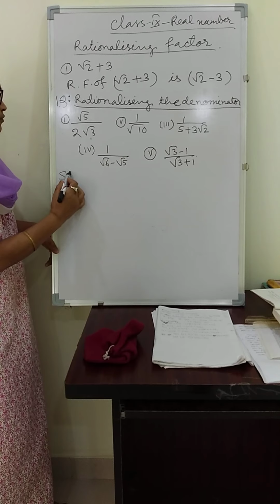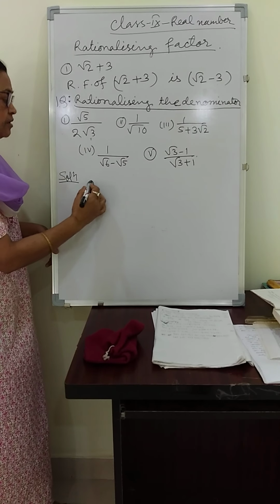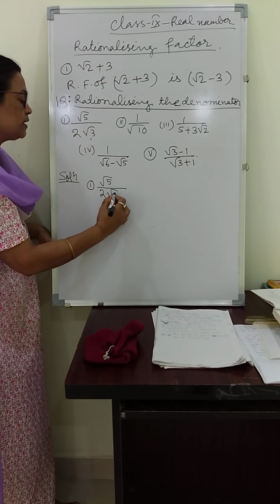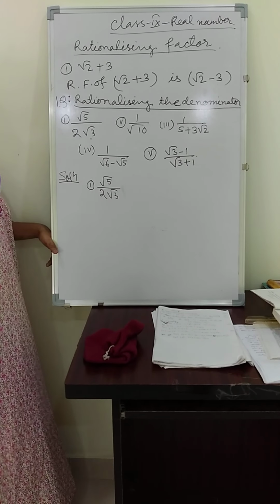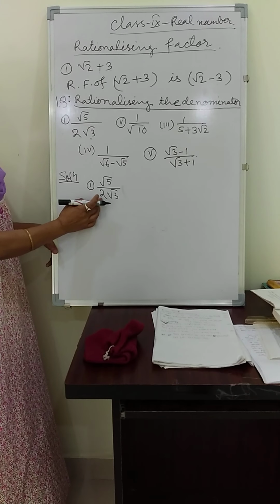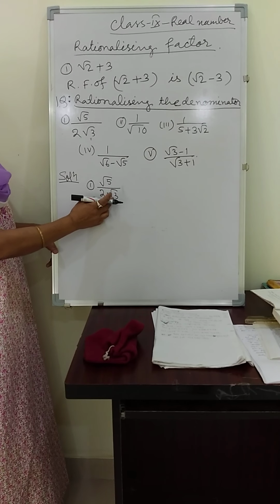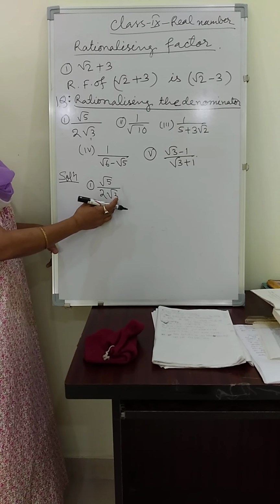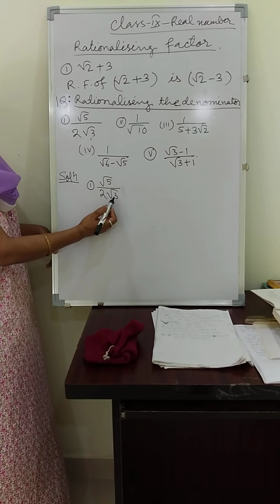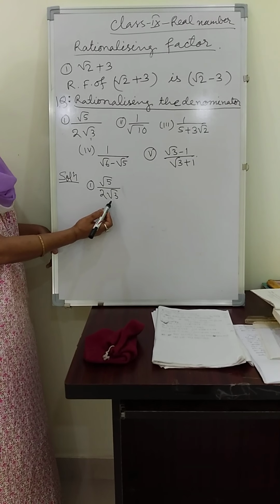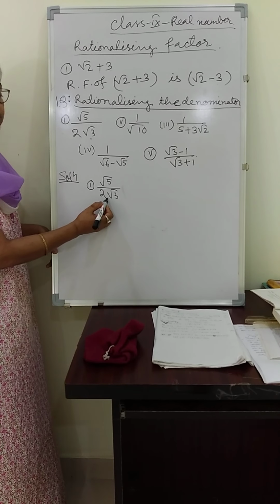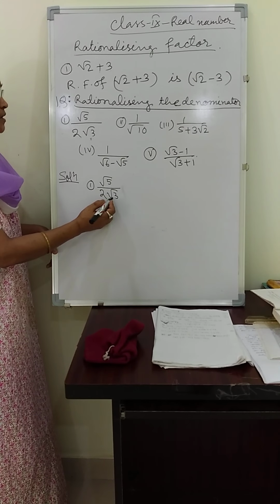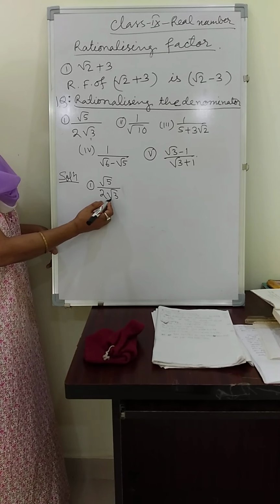So what to do? First of all, we write down the question, root over 5 by 2 root over 3. What is the denominator? 2 into square root of 3. Which is the irrational part? We know that 2 is no doubt a rational number and root over 3 is the irrational number.